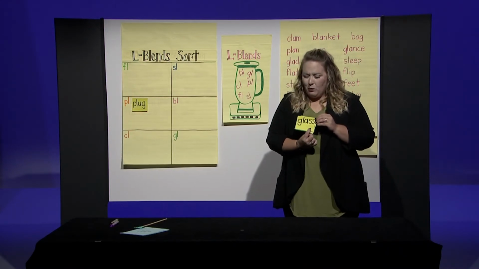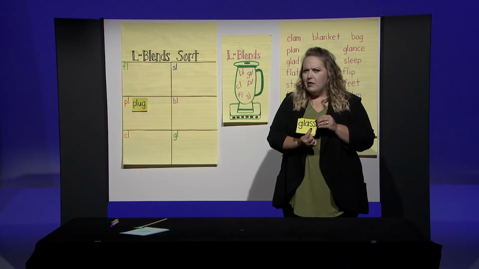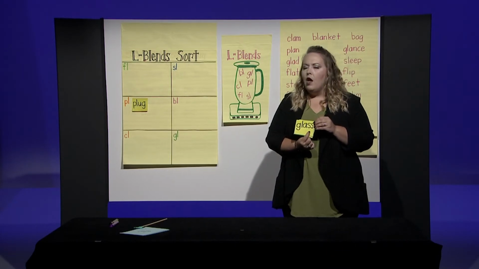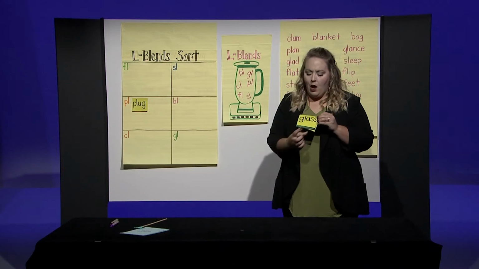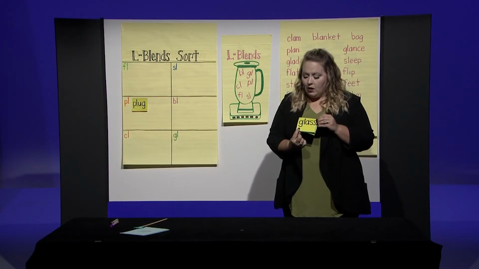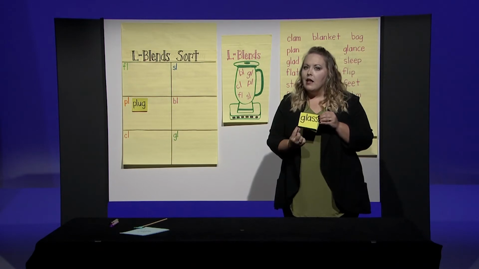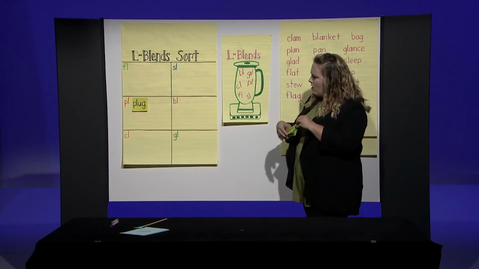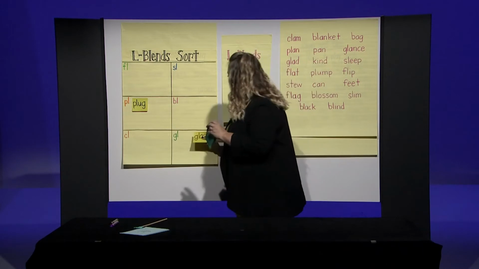Glass. Do we say the two sounds for the two S's, or just one S? Just one S. When they're together, they join and it's just one sound. Glass. Now where does that go? Under GL.